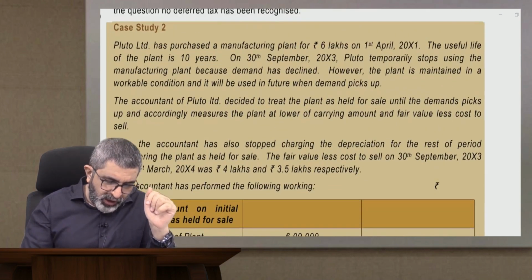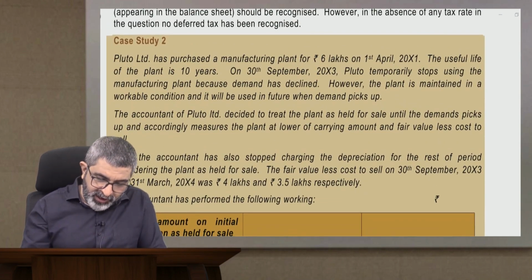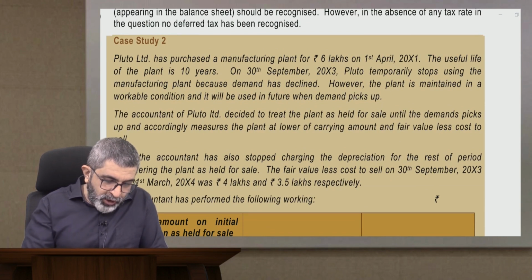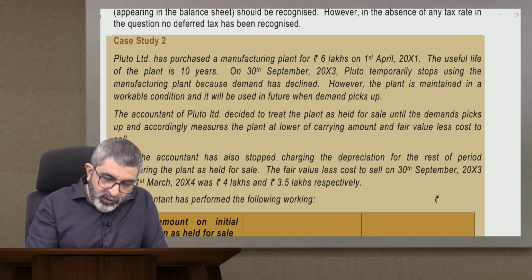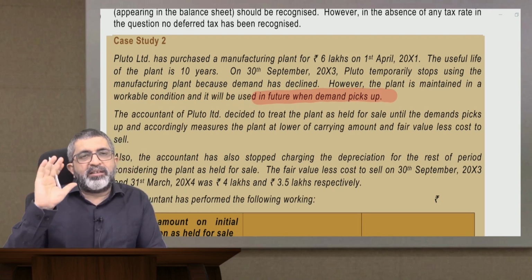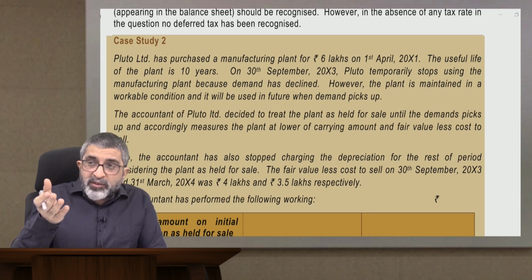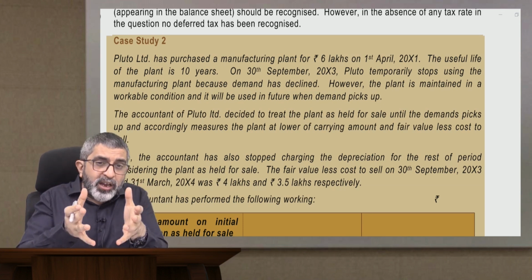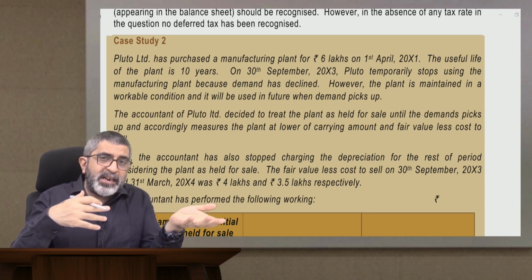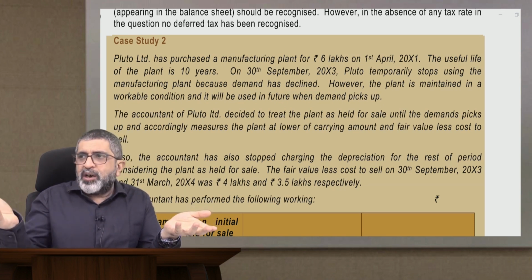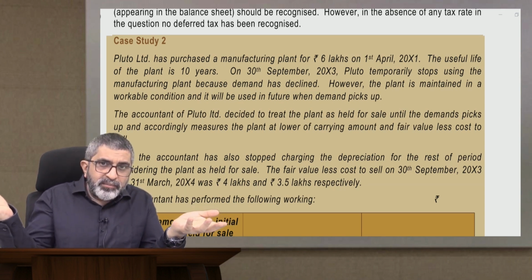If I take you to the important lines in this case, what we have just read, look at this. The plant is maintained in a workable condition and will be used in future when demand picks up. That means as of now, just because the product that the company is manufacturing is not having demand in the market, the plant is lying idle, correct?